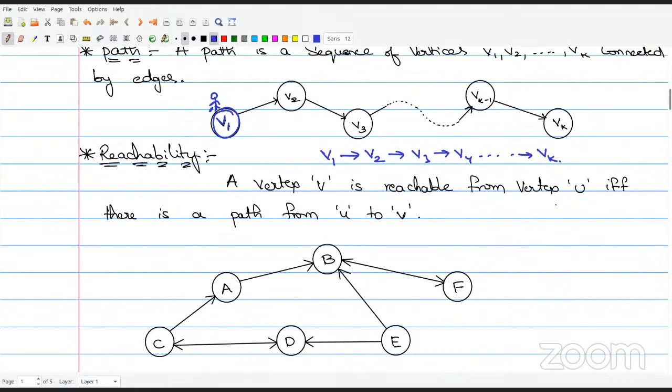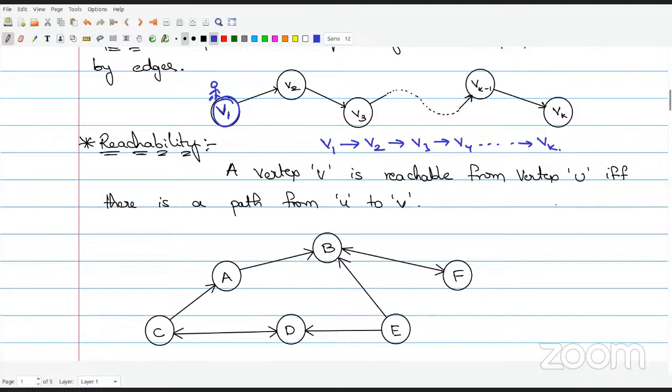Now we will look into what reachability means. A vertex V is reachable from vertex U if and only if there is a path from U to V. So if there is a path from vertex U to vertex V, then V is reachable from U. You are at vertex U and you want to reach vertex V via edges.